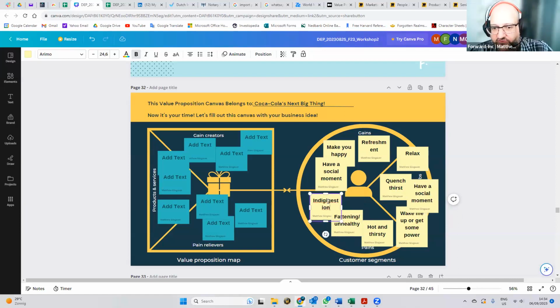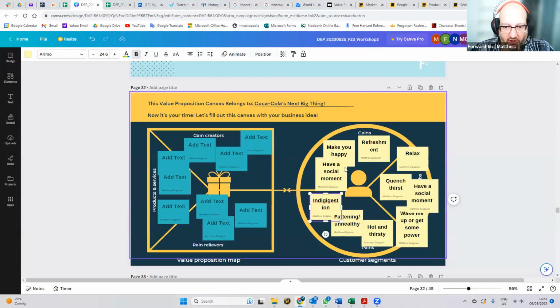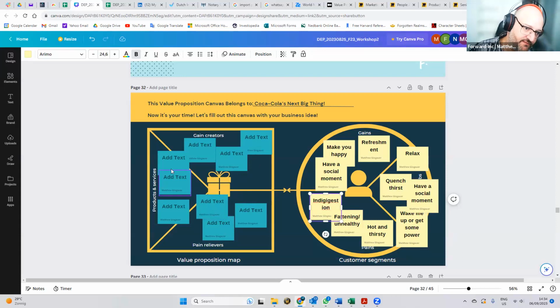A really important thing to note is there can be lots of pains, and your product doesn't have to solve all the pains. Exactly. So there could be loads and loads of pains, but we're going to move on. Now we need to make sure that our product is in response to our consumer, that it solves these problems. So what do we get from this?